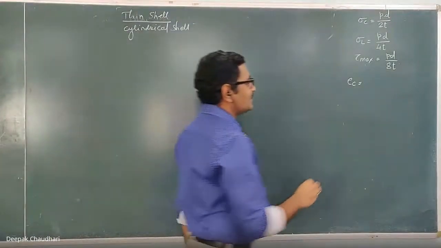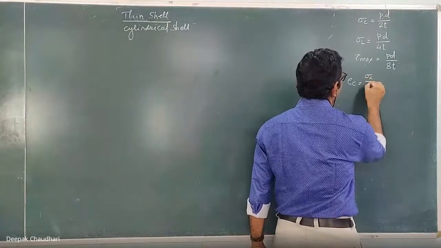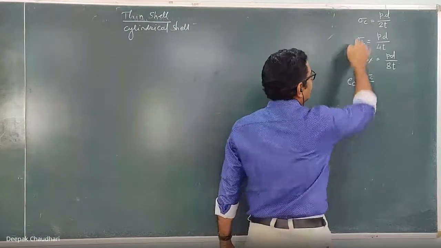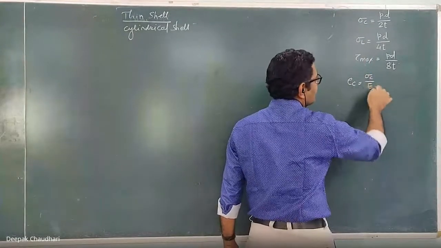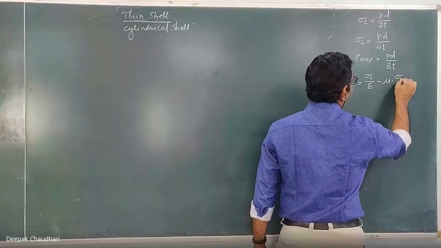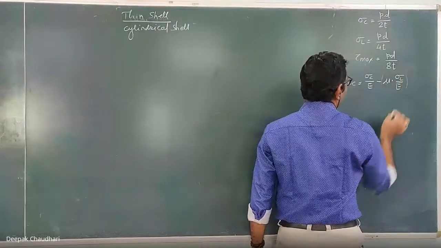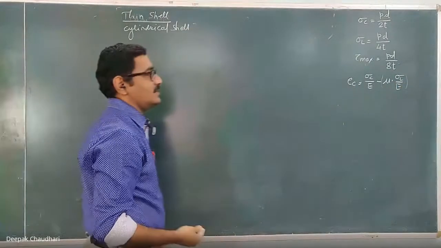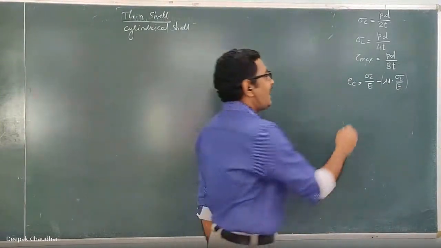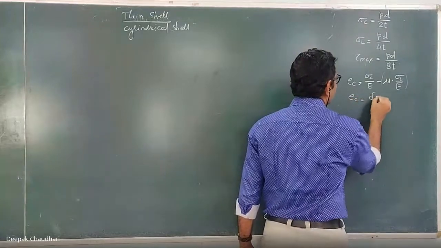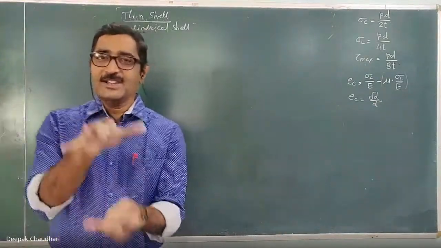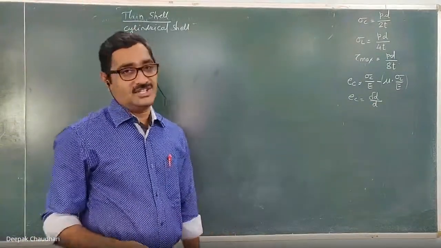The circumferential strain is given by sigma C upon E, which is the strain in circumferential direction because of sigma C, minus mu into sigma L upon E, which is the strain in circumferential direction because of the longitudinal stress. By using this formula we can calculate the circumferential strain, and this circumferential strain is given by change in diameter upon original diameter. With the help of this, we can calculate the change in diameter.